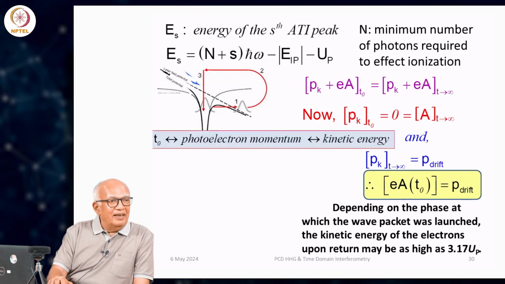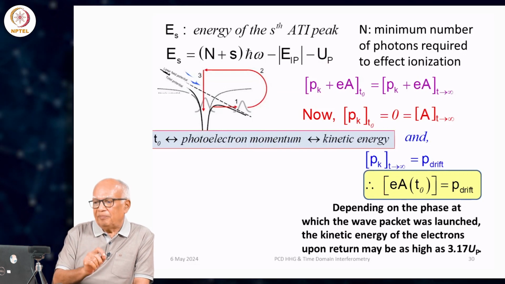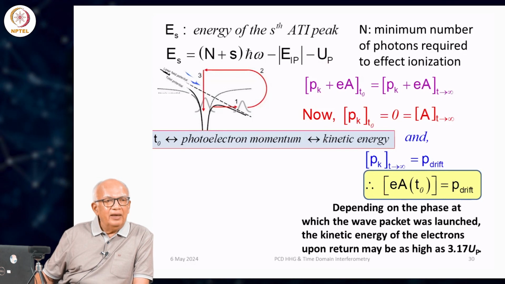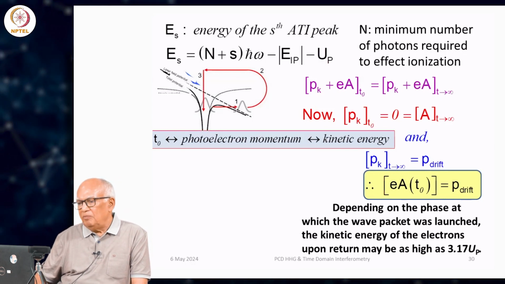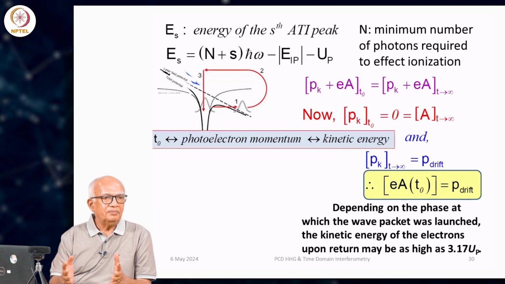The t0, the instant at which tunneling takes place, determines the photoelectron momentum and the kinetic energy. I am using the term photoelectron, but not in the Einstein sense.